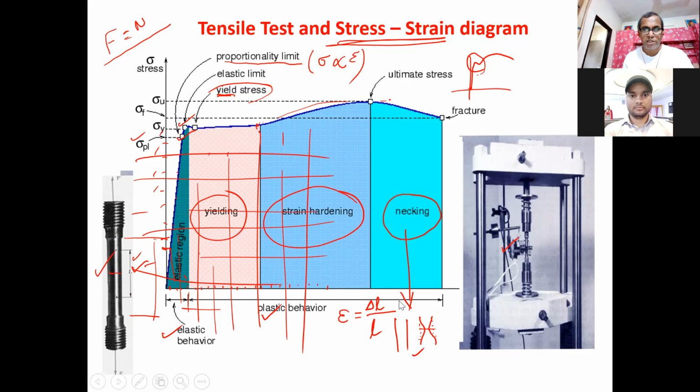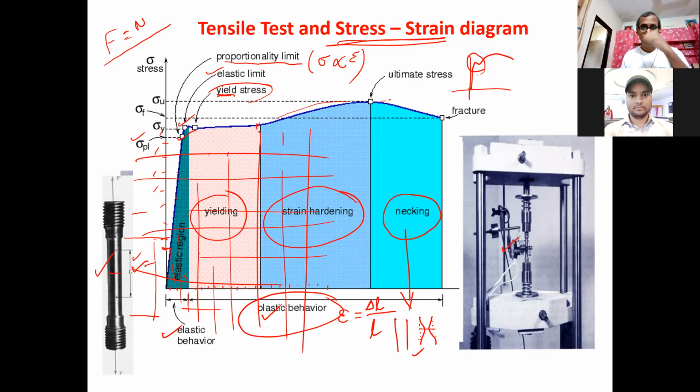So total deformation is divided into two parts: elastic deformation and plastic deformation. Elastic deformation is up to the elastic limit, and elastic limit के बाद में जो deformation होना है, that will be known as the plastic behavior या deformation. So this is the way how we can explain this.